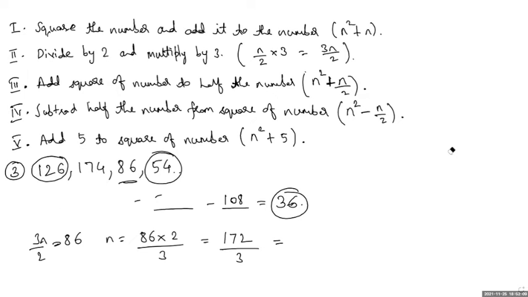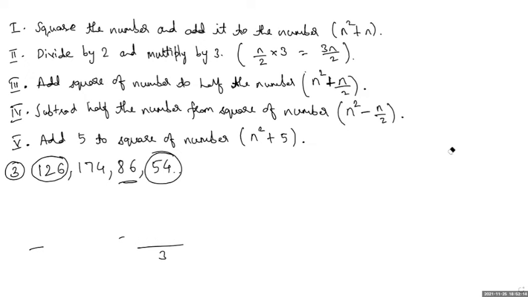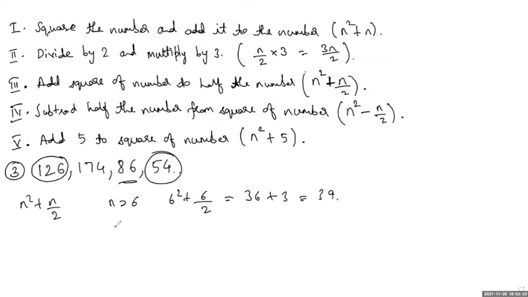Let us check for rule number 3. Rule number 3, what is it? n square plus n by 2. Okay, so fine, let us start with 6. n is equal to 6. 6 square plus 6 by 2. 6 square is 36 plus 6 by 2 is 3. 39. Okay, so next n is equal to, we are dividing by 2, so we cannot use odd numbers, only even numbers.